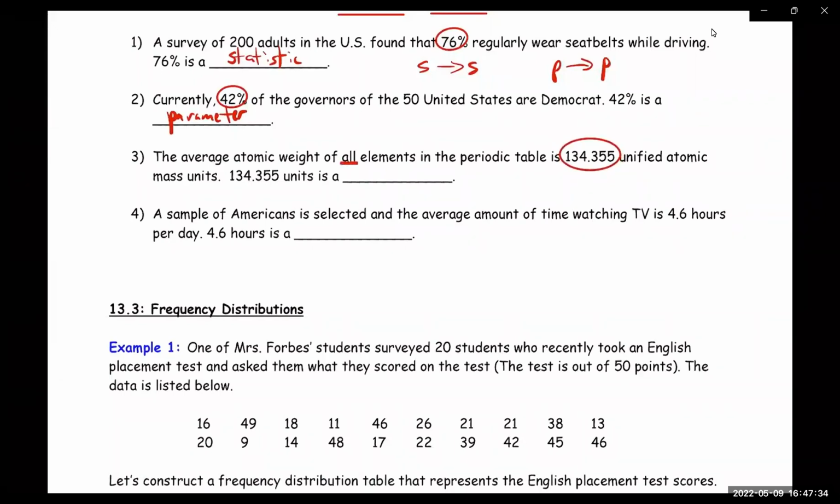So that means it's describing all the elements in the periodic table. So therefore it's a population characteristic, which means it's a parameter. Usually when you see the word all, that means it's referring to a population, which in this case would be a parameter.